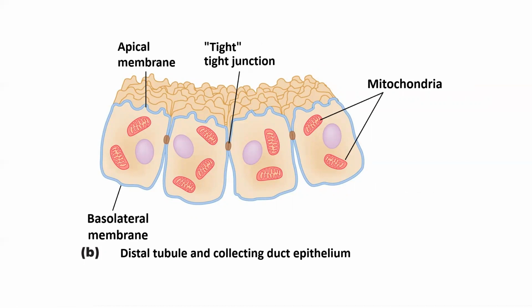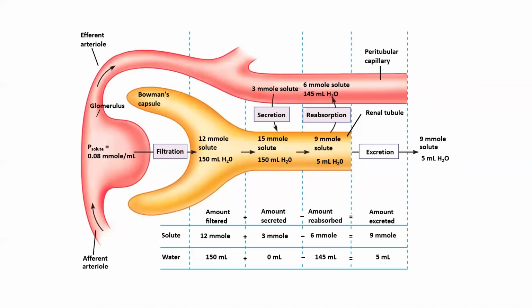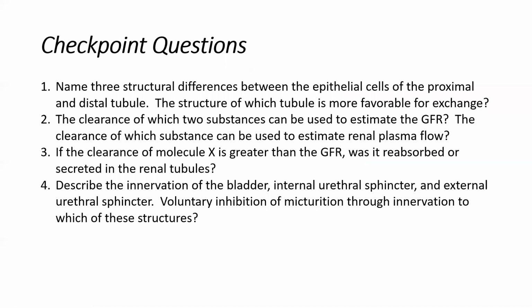So the shape of the cells is different, the apical modification of the cells is different, and the nature of the tight junctions is different. All of those differences point to the proximal tubule being more favorable for reabsorption. The structure of which tubule is more favorable for exchange? That would be the proximal tubule.